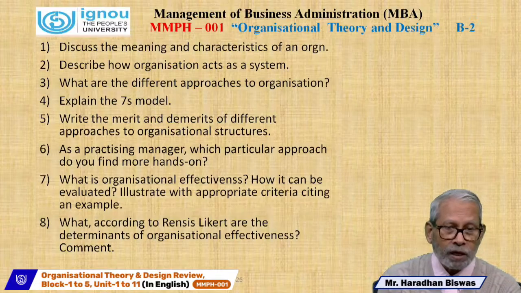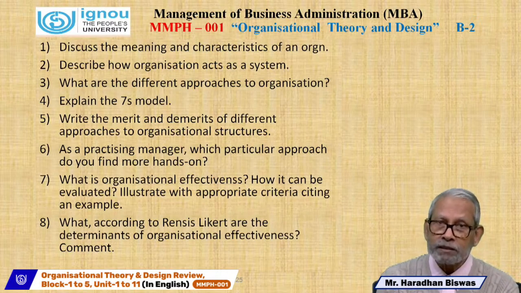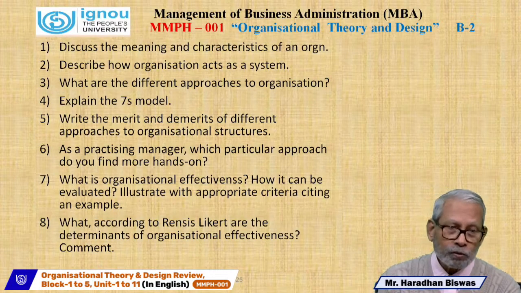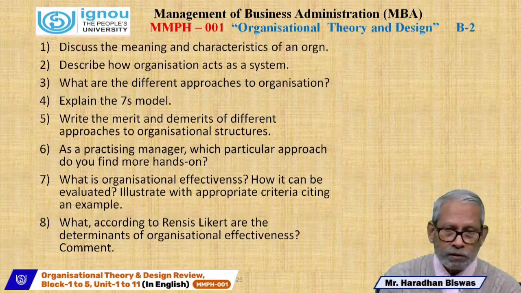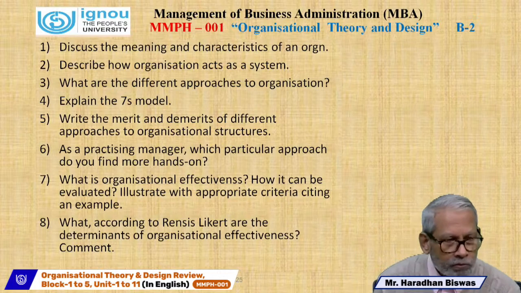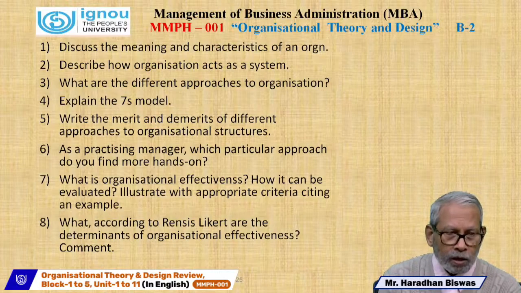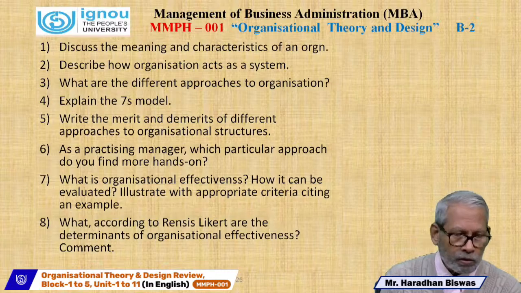Now describe how organizations act as systems. Here we are talking about systems. And what are the different approaches to the organizations? I think most of these are repeated. As a practicing manager, okay, I think it is the same page.